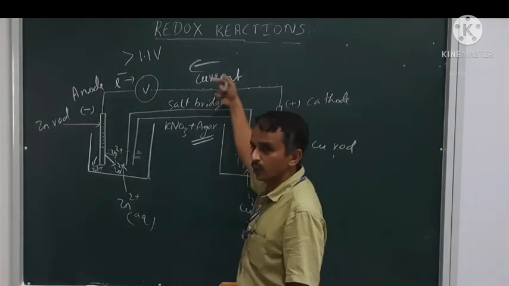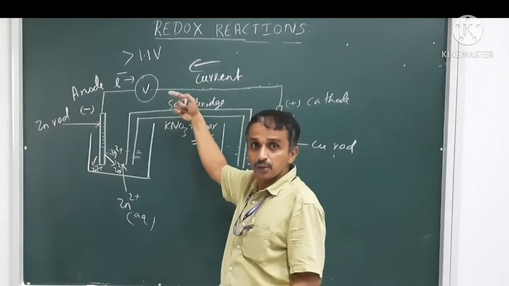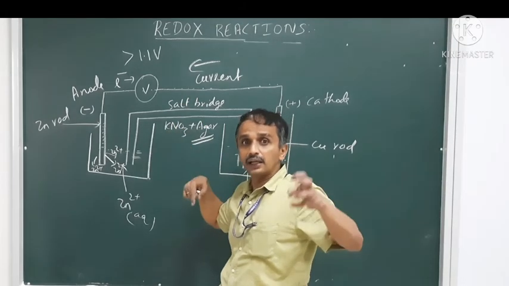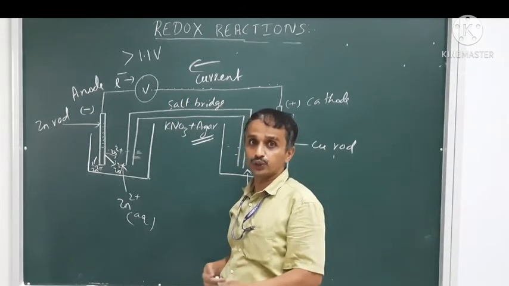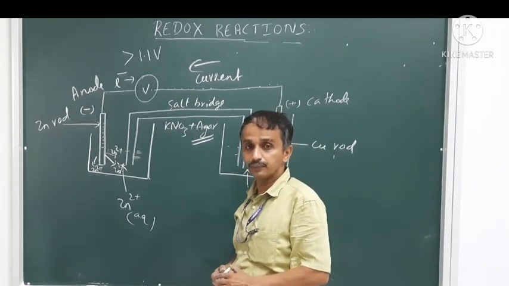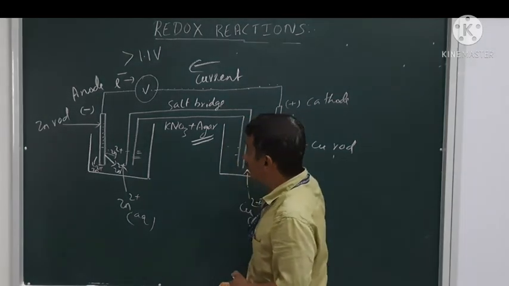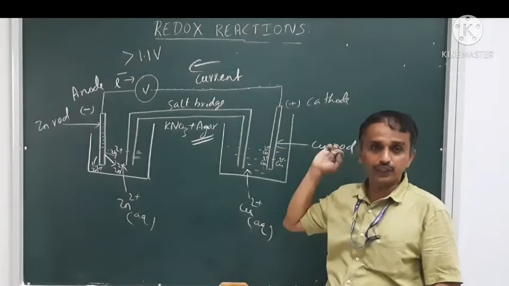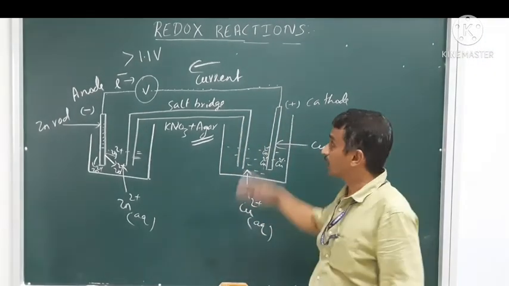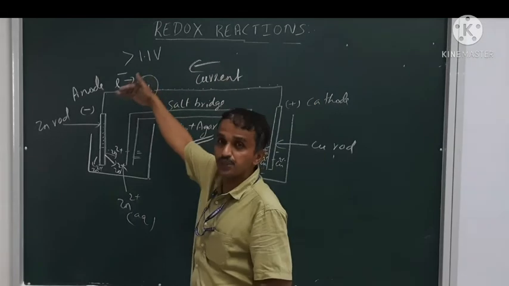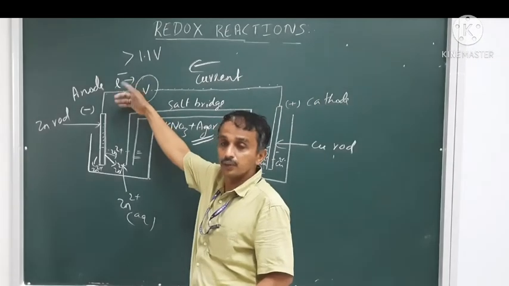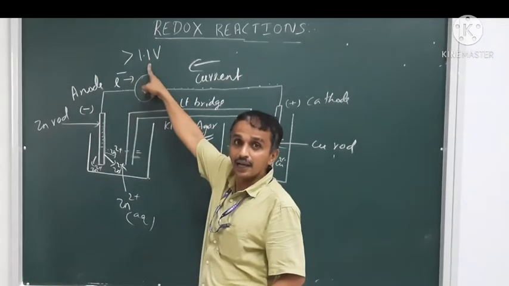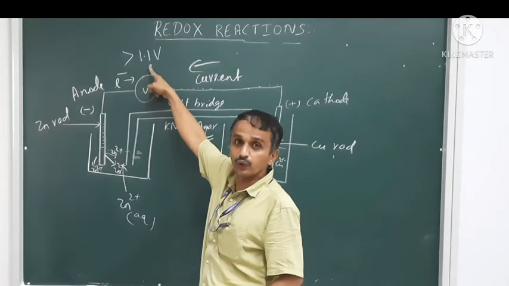See, 1.1 volt is produced, but I am applying greater than 1.1 volt. What will happen then? As greater than 1.1 volt is applied, the current moving from here to here will be stopped, because I am applying an external voltage of greater than 1.1 volt.